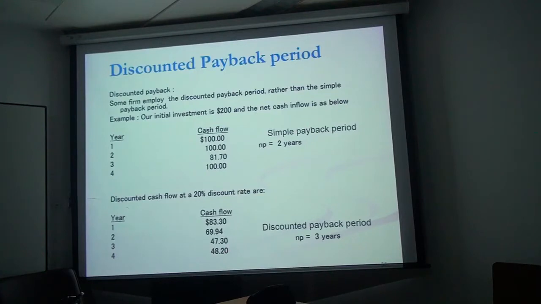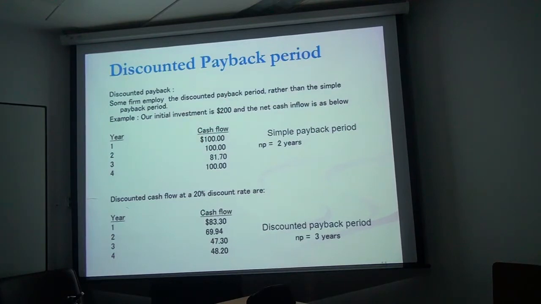Now if you add the first 3 years, they equal our initial investment of $200. This means that in 3 years we will have the payback if we take into account the time value of money. And we can also note that the discounted payback period will always be greater than the simple payback period.